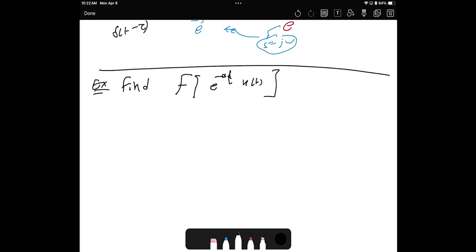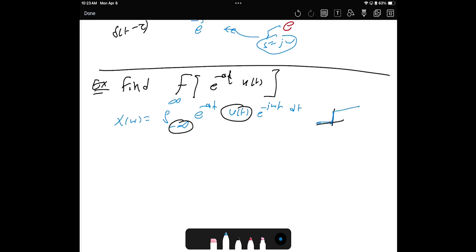Let's use the integral. Here X of omega equals the integral from negative infinity to infinity of e to the power negative a t u of t, e to the power negative j omega t dt. Now, since we have u of t, we can change the integral.